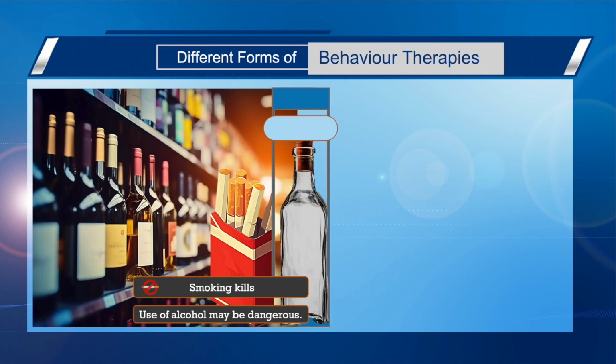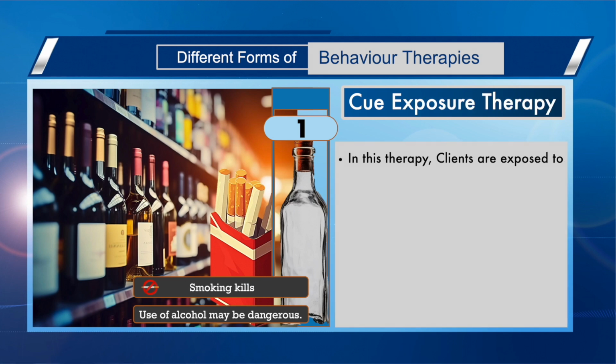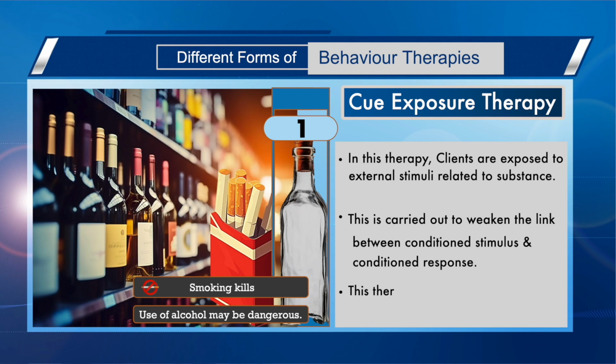In this therapy, clients are exposed to external stimuli related to substance use such as a cigarette packet, an empty bottle of wine, advertisements, banners, a wine shop, etc. and learn to relax and not to use substance during the cue exposure sessions.